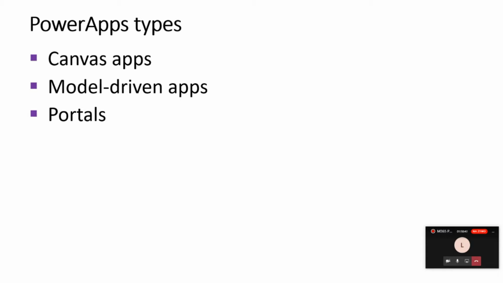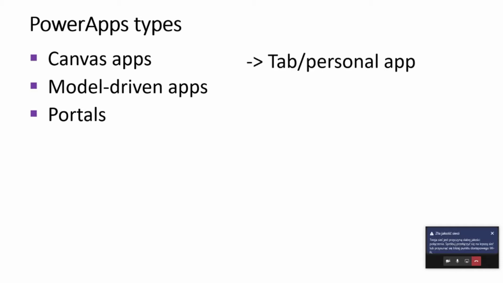Each of these three types has a slightly different way that we can use them in Teams. For Canvas apps, we have a tab in a channel, or we can use a personal app. There's also a third way to integrate Canvas apps: a website tab.